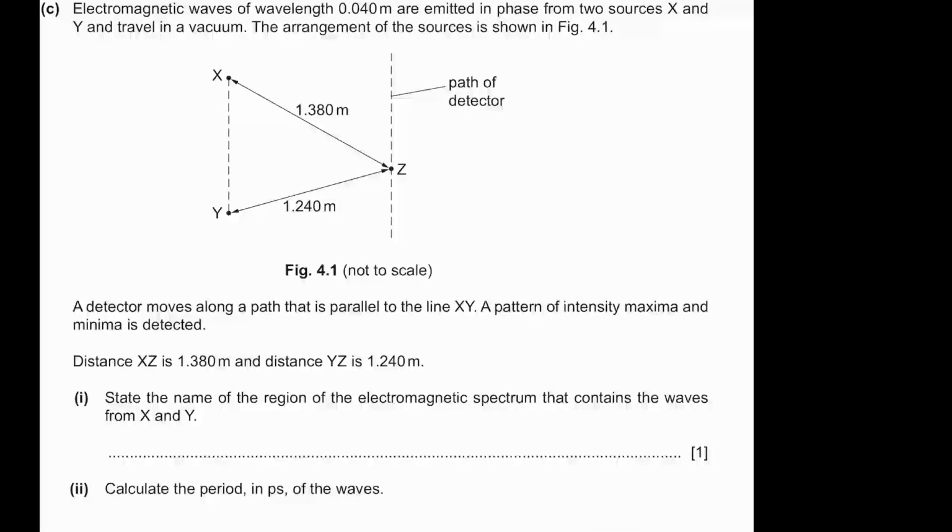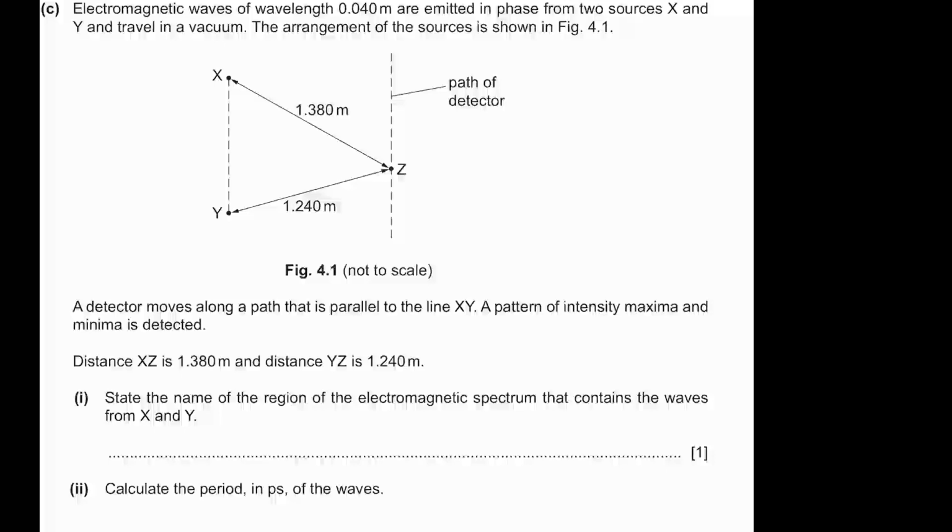A pattern of intensity maxima and minima is detected. Distance XZ is 1.380 meters and distance YZ is 1.240 meters. State the name of the region of the electromagnetic spectrum that contains waves from X and Y.